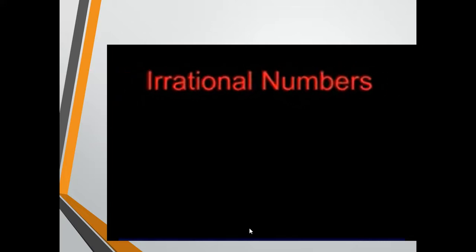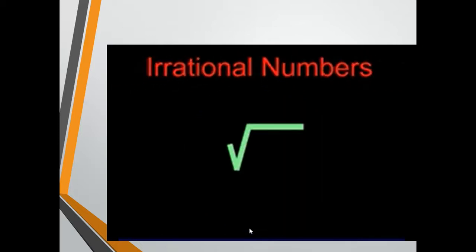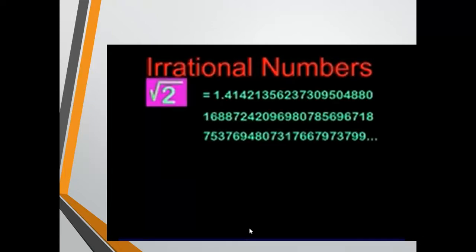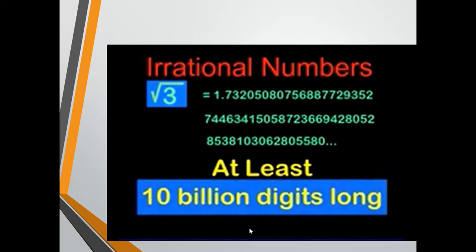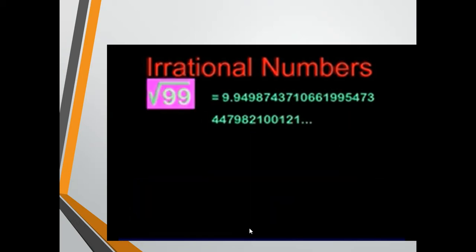Last on our list are irrational numbers. Irrational numbers are numbers that cannot be written in the form of a ratio, A over B. Irrational numbers include some square roots, like the square root of 2, the square root of 3, and the square root of 99.